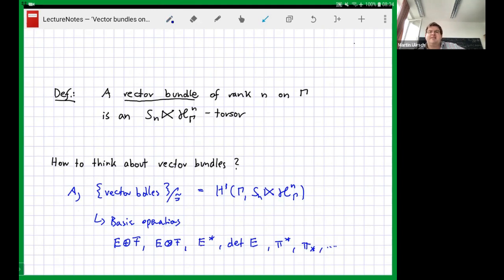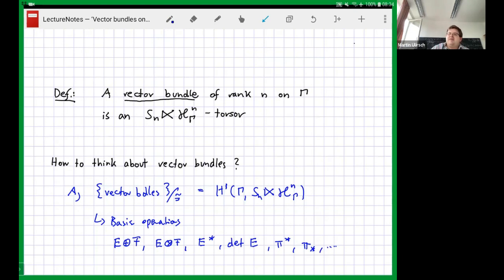And I just want to say this is all possible with one exception. In principle, you can now also define a bundle of homomorphisms from E to F. But since our perspective is that of principal bundles, homomorphisms of principal bundles either don't exist or they are isomorphisms.